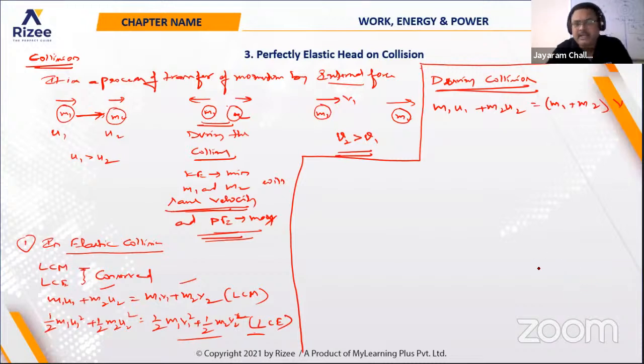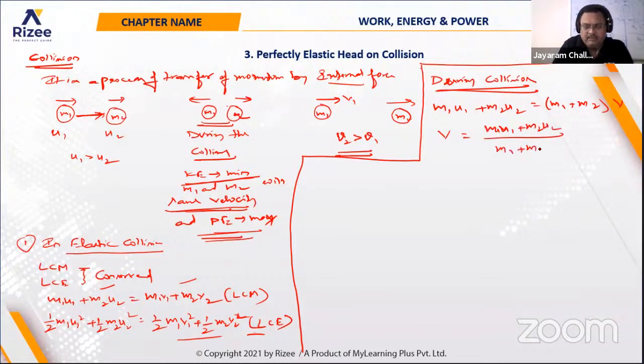Since they are retaining the common velocity, which is the minimum, your kinetic energy will be minimum at the time of the collision. So both bodies will have the same velocity, m1 u1 plus m2 u2 by m1 plus m2, during the collision.